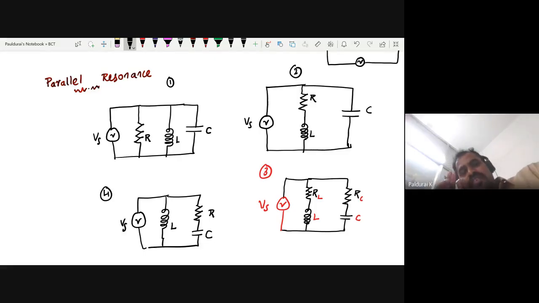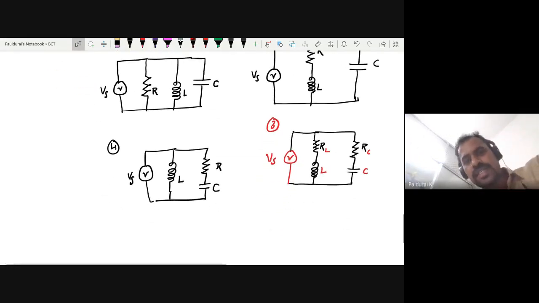We want to find the resonance frequency for each circuit. In communication, we will use circuits 1, 2, and 3 mostly. Why? That I will explain later if time permits, because I want to deal with the communication point of view. Circuit number 4, most probably we won't use. So I want to take the first 3 circuits, and my aim is to find the resonance frequency.